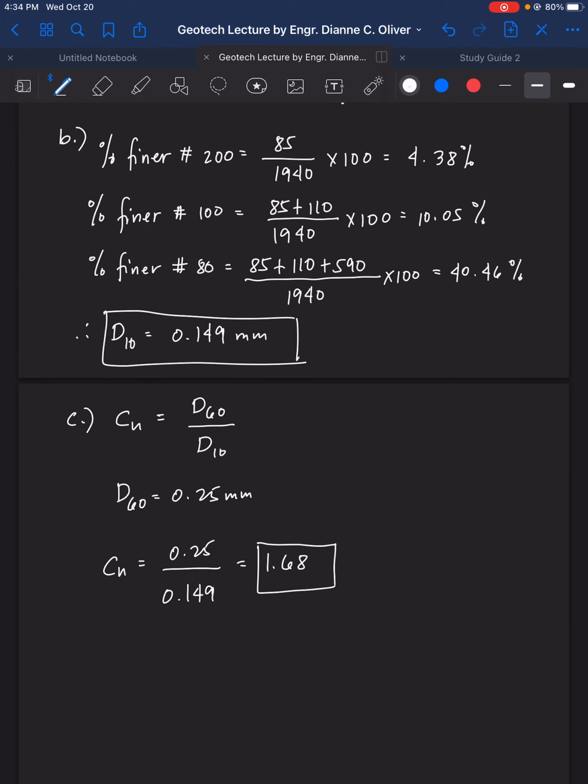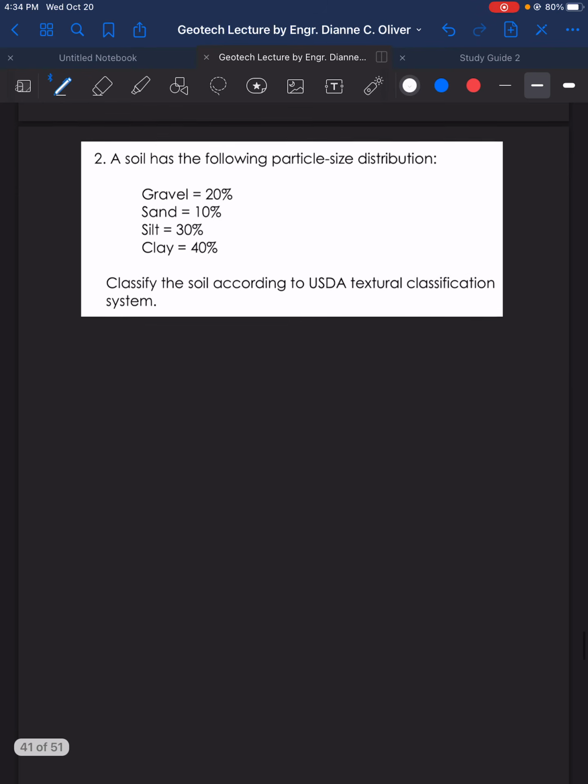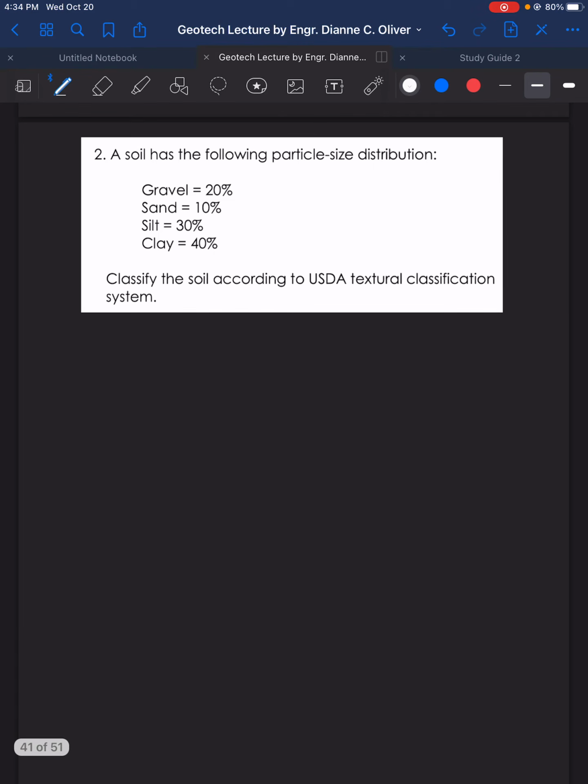Now let's go to question number 2. A soil has the following particle size distribution. Gravel is 20%, sand is 10%, silt is 30%, and clay is 40%. Classify the soil according to the USDA textural classification system.